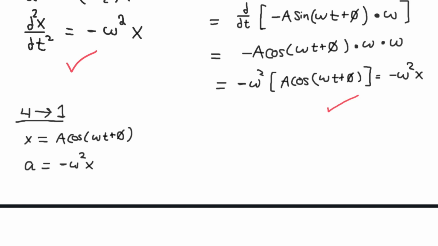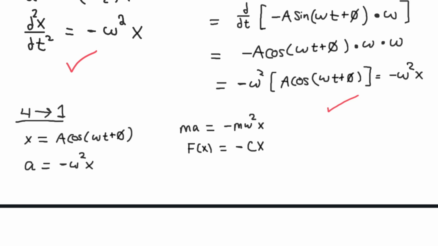Okay, then multiplying both sides by m, we get ma is equal to negative m omega squared x. But ma is equal to F. So I get F, the force, as a function of x, is equal to some constant with a negative sign attached. We're just going to call it negative cx.